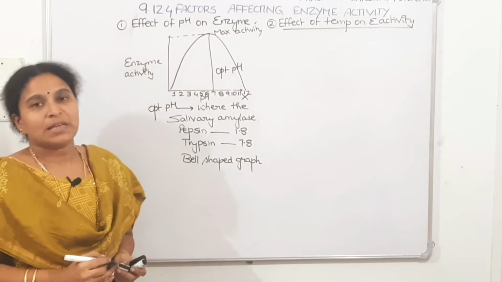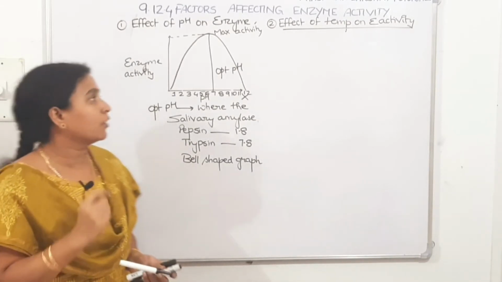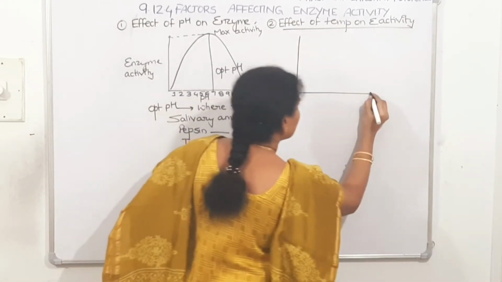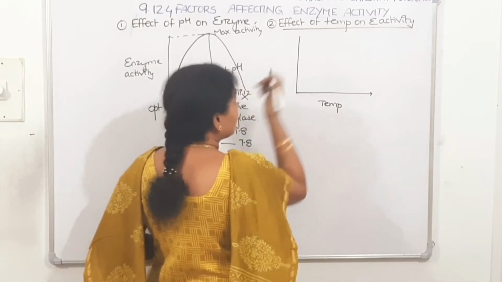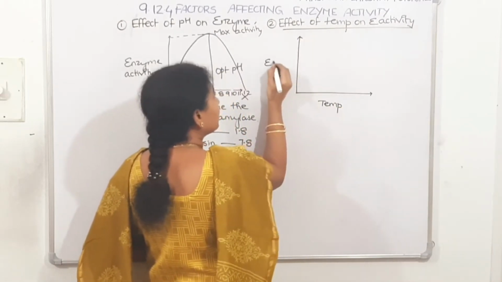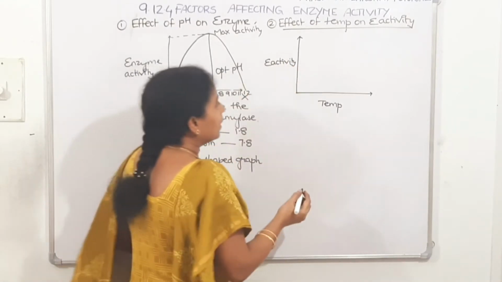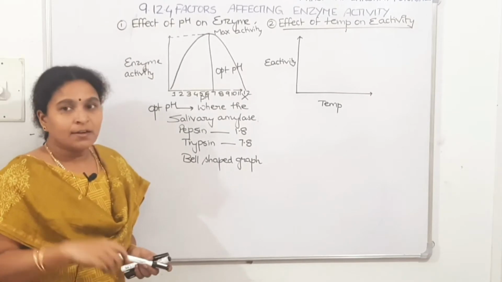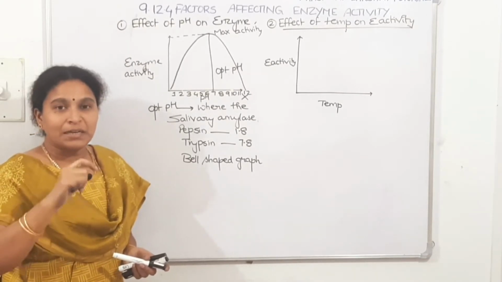Majority of the enzymes have an optimal temperature within the range of room temperature, that's 35 to 40 degrees. Now, when we do the similar thing, increasing temperature on the x-axis and enzymatic activity on the y-axis, there is a thumb rule in biochemistry which says that for every 10 degrees rise in temperature, the enzymatic activity will double.